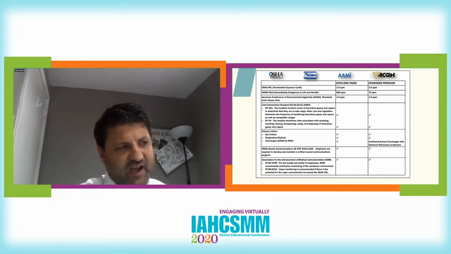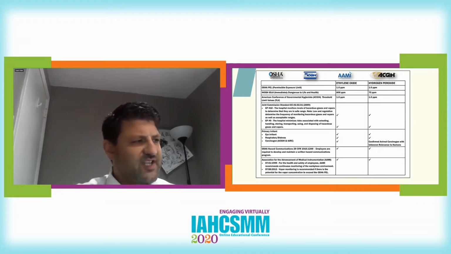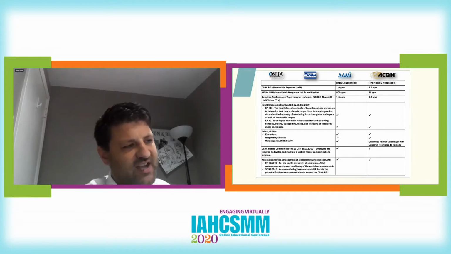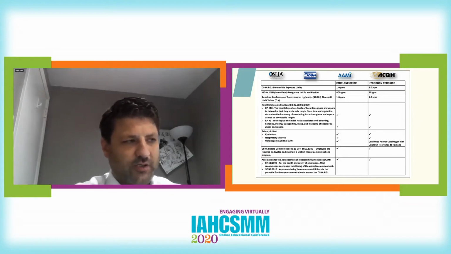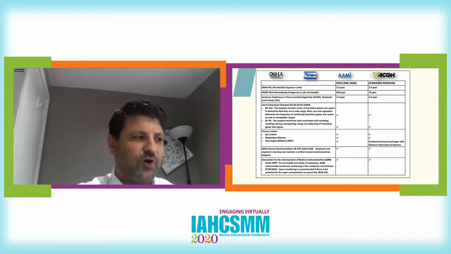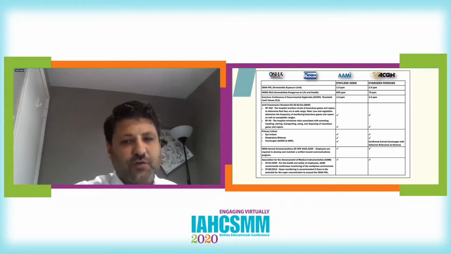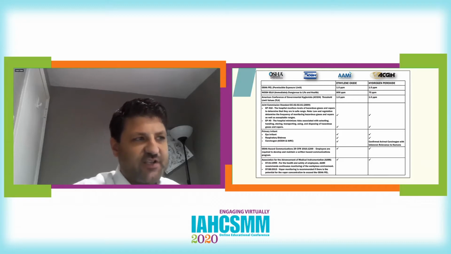ST41 is specific to ethylene oxide, so it's saying that they recommend continuous monitoring in the workplace. And then there's an ST58 that looks at all other chemicals, including hydrogen peroxide. And it also says vapor monitoring is recommended if there's a potential to exceed the OSHA PEL. So you have Amy and the Joint Commission both recommending monitoring any chemical that is dangerous to your employees and could exceed the OSHA PEL.